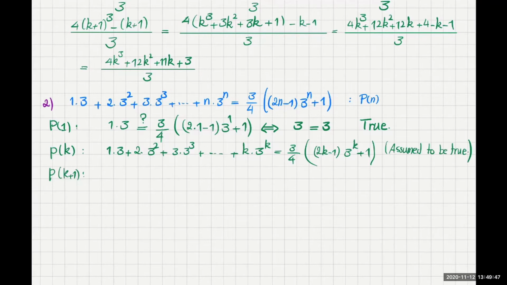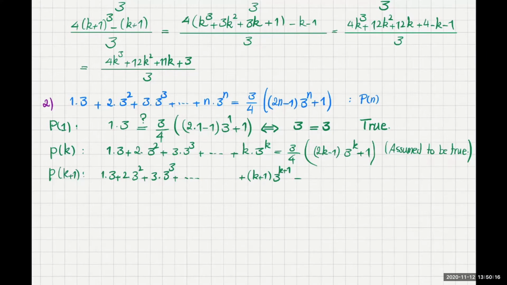Okay, and then what I want to show is that if I continue this process up to the (k+1)th term, up to the (k+1)th step, yes. So of course I need to replace k with k + 1. So this becomes (k + 1) in a pair of brackets times 3^(k+1). Here in the exponent I don't need to put a pair of brackets.